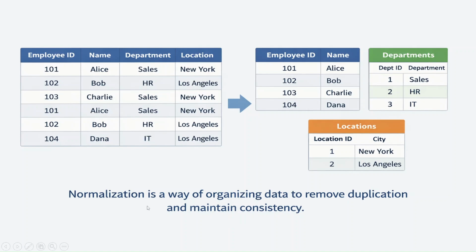Let's read this simple definition, then I will explain. Normalization is a way of organizing data to remove duplication and maintain consistency. This is the simple definition: remove duplication and maintain consistency. This is great.